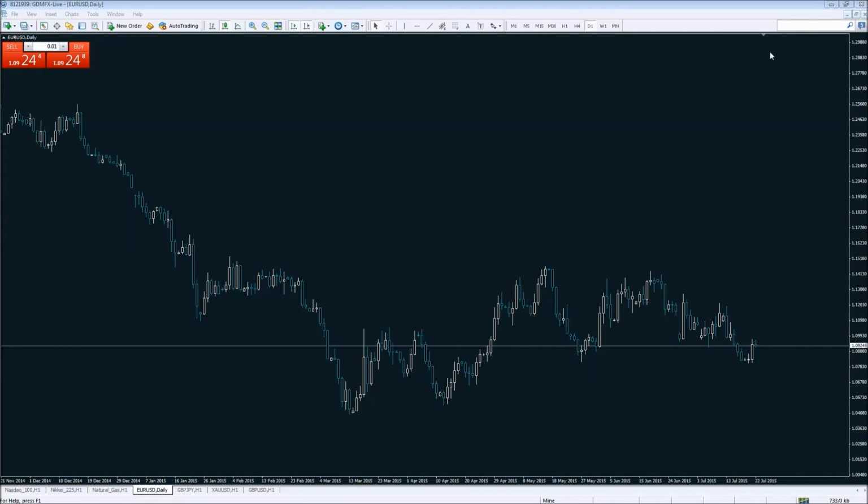So trading can actually take place in 5-minute charts, 15-minute charts, hourly charts, and so forth. 4-hour charts as well. However, 4-hour charts are mostly suitable for swing traders. They're quite good, especially for following mid to long-term trends.